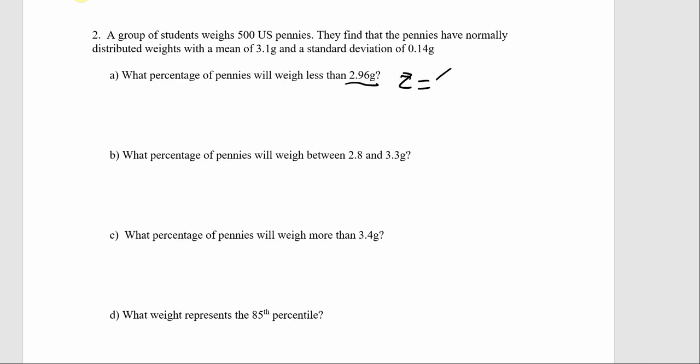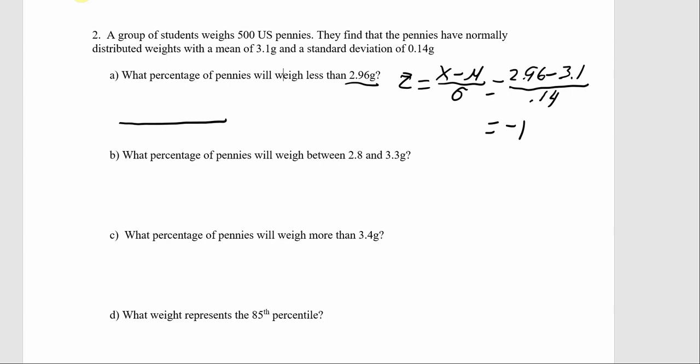And z, remember, equals the raw score minus the mean divided by the standard deviation. So that's going to be 2.96 minus 3.1, divided by 0.14. And this happens to come out to exactly -1. So we could use the empirical rule, but let's check it out and see what we get.